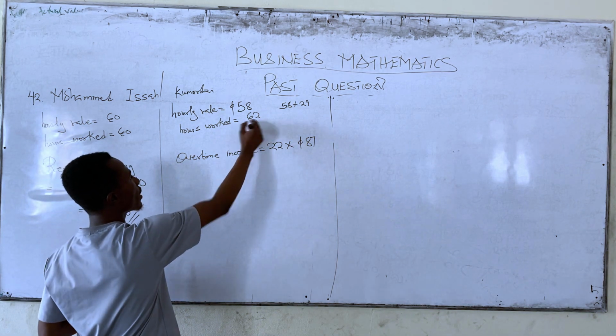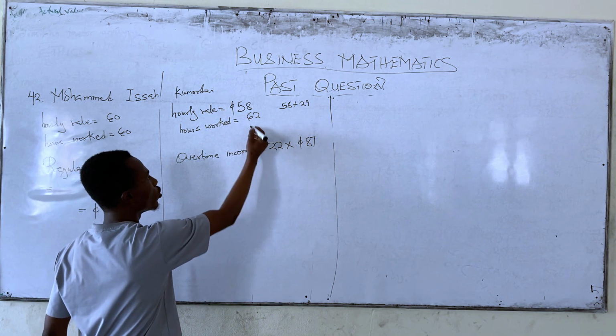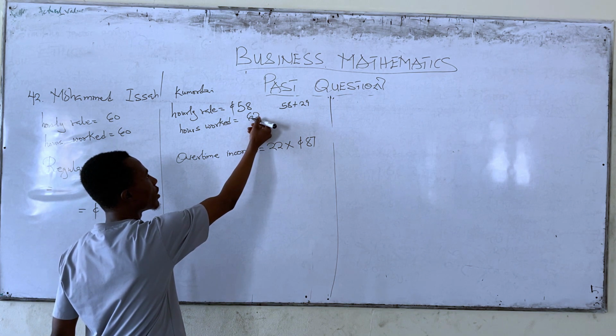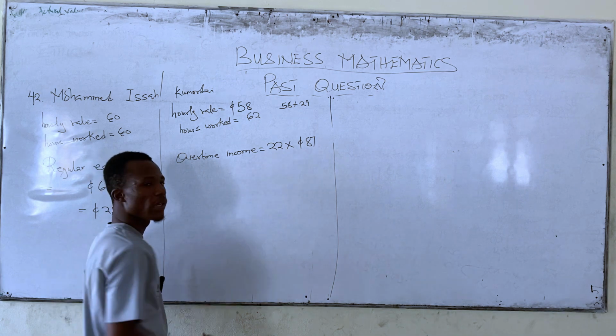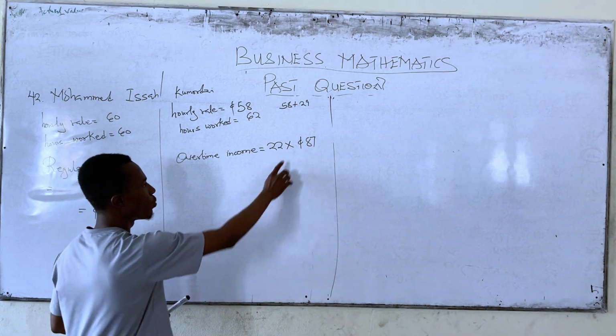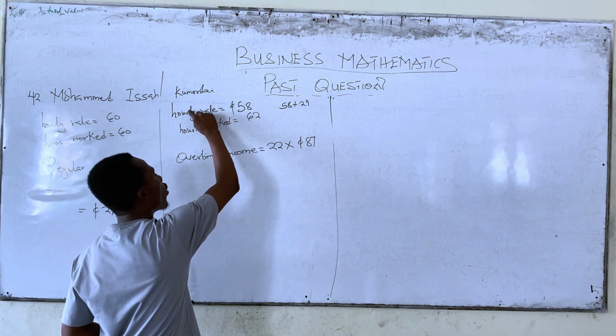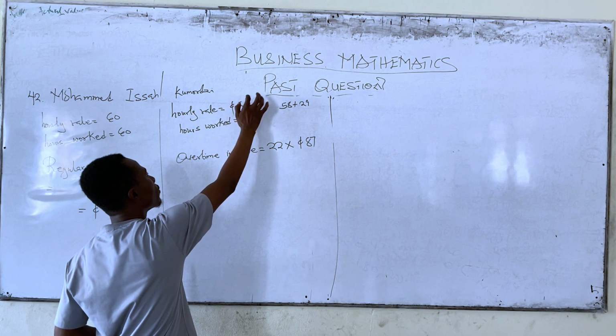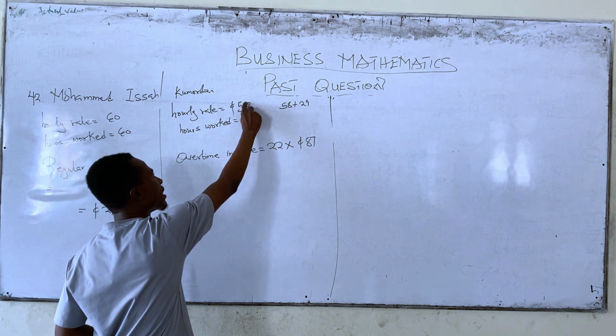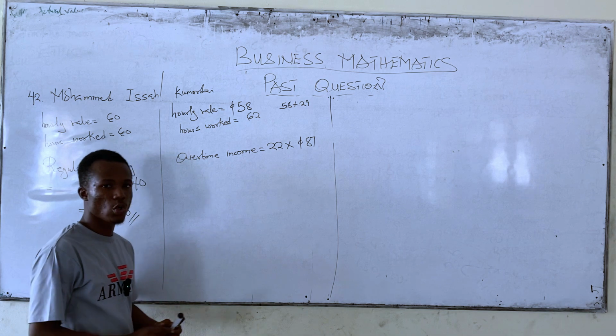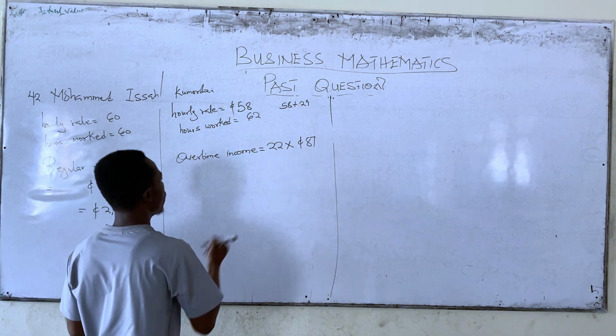The number of hours is going to be 22, because when you take the regular 40 from 62, you are left with 22. Then you multiply it by your hourly rate for overtime, which is 58 times 1.5, and you get 87.